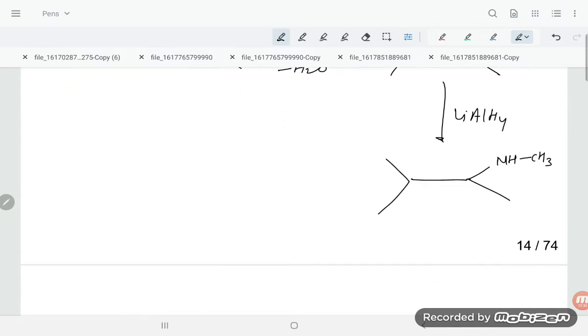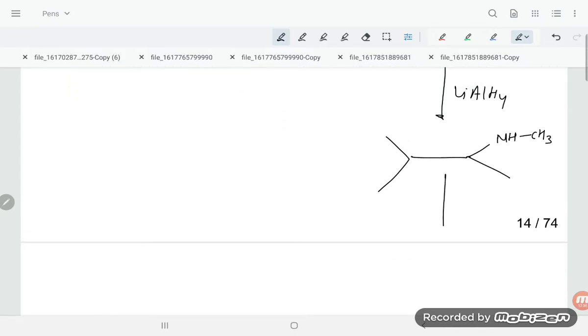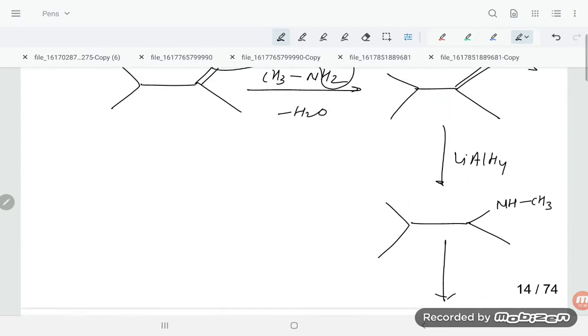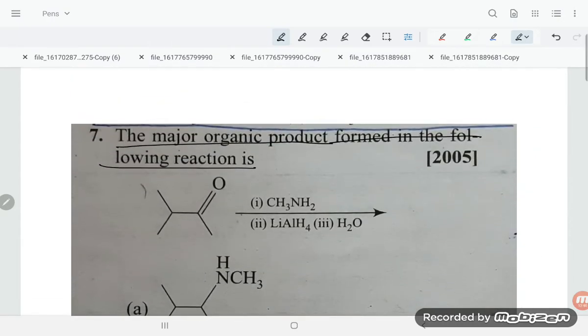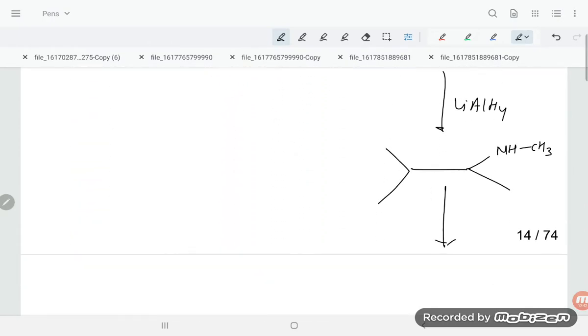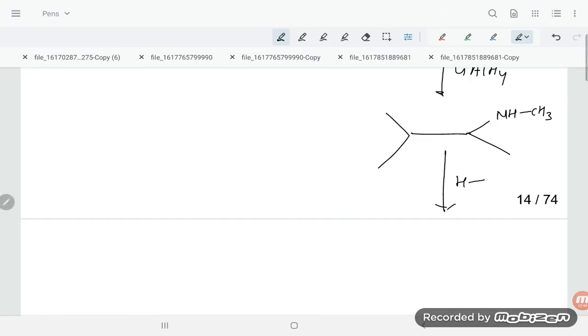Of this NHCH3, if you are treating with the next reagent, what is given? H2O. If you are taking HOH, what possible compound are you going to get?